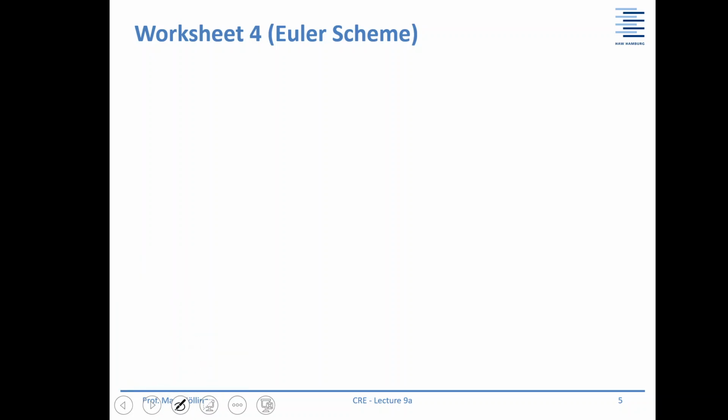We talked about the Euler scheme already, but there we had it for a batch system. So there we had the change in time, but now we want to have the change in volume flow.